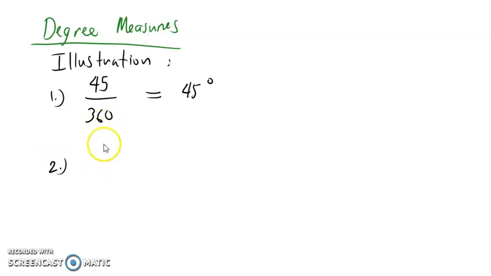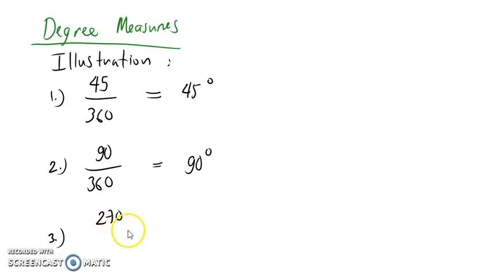Suppose that we have 90 out of 360 of a complete revolution. This rotation corresponds to 90 degrees. Last illustration, let's say we have 270 over 360. So this amount of rotation corresponds to 270 in terms of degrees.